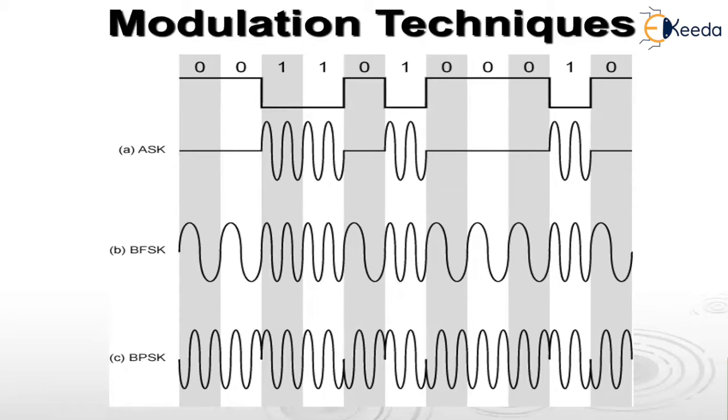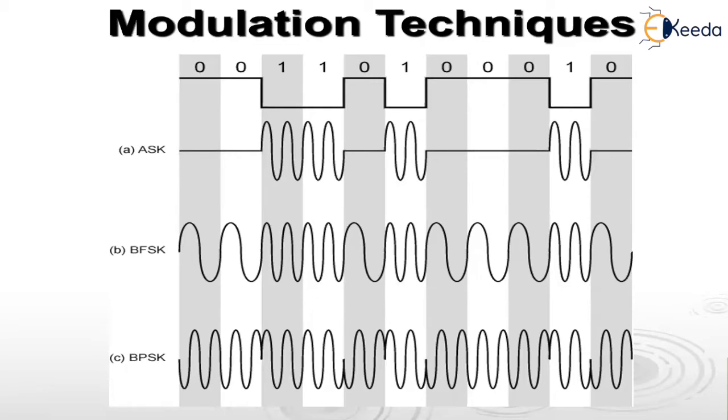Then the most common form of FSK is binary FSK, BFSK, in which the two binary values are represented by two different frequencies near the carrier frequency, as shown in figure B. The variant of BFSK is called MFSK, that is multiple FSK.